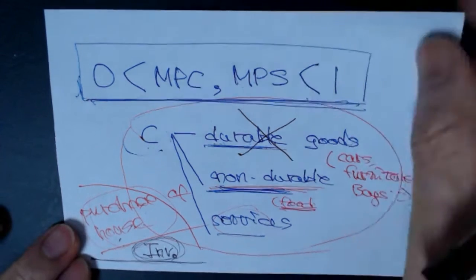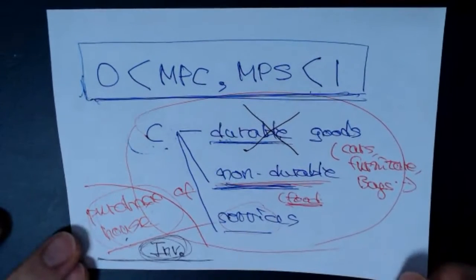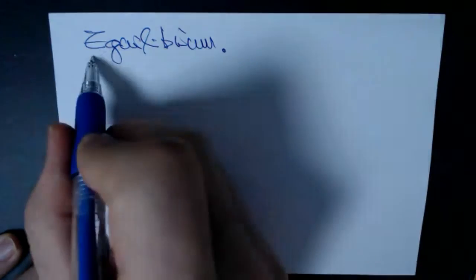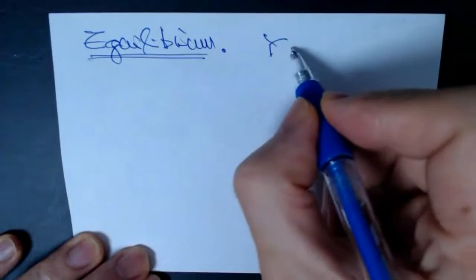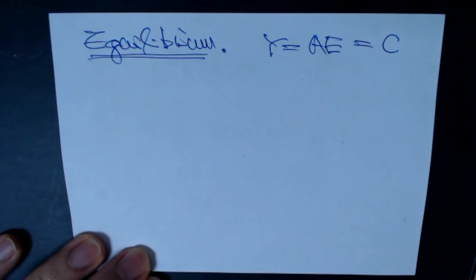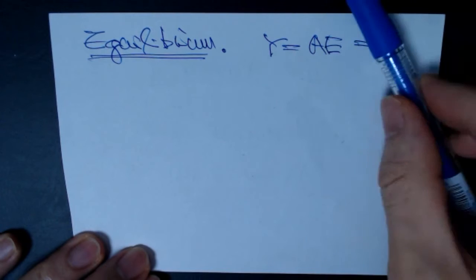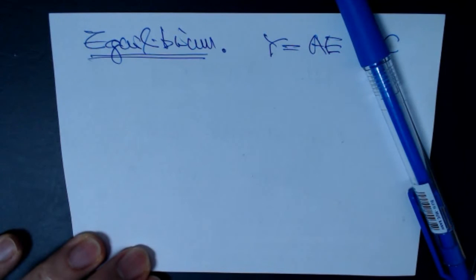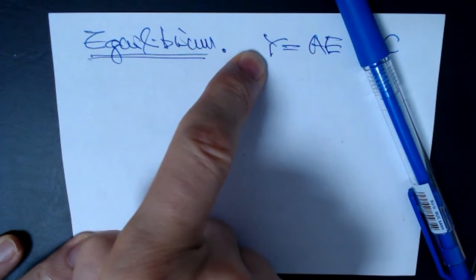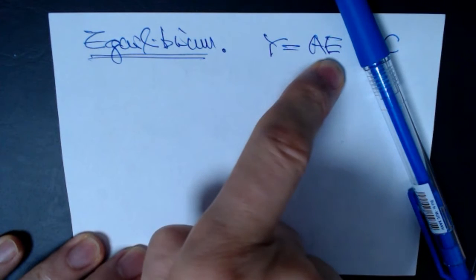Right, so based on this, let's talk about equilibrium. As I said, equilibrium happens when Y equals AE. In this case, C only at the moment. Say again the meaning of this, Y equal to AE means this economy has to produce to satisfy purchase demand.